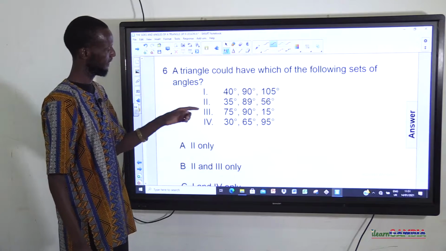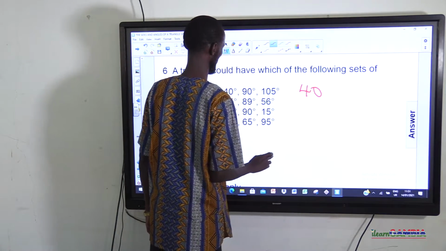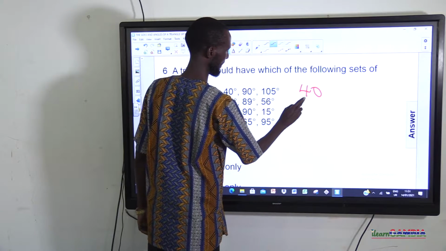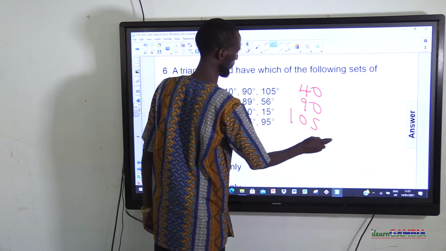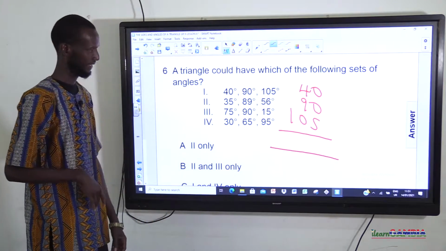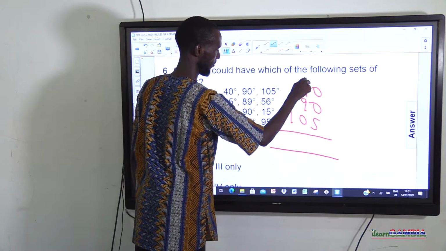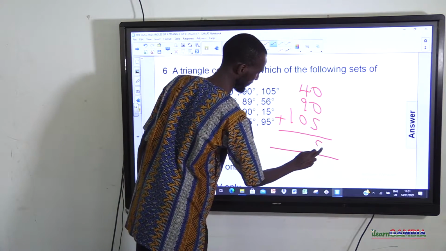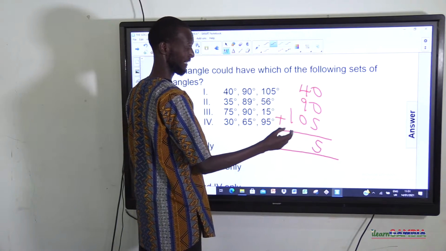The first one we have is 40. Let's add them up. 40, 90, 105. So if you add this up, will we get 180? That's the question. Add this up. 5 plus 0 is just going to give you a 5. If you add 9 plus 4 is already 13.